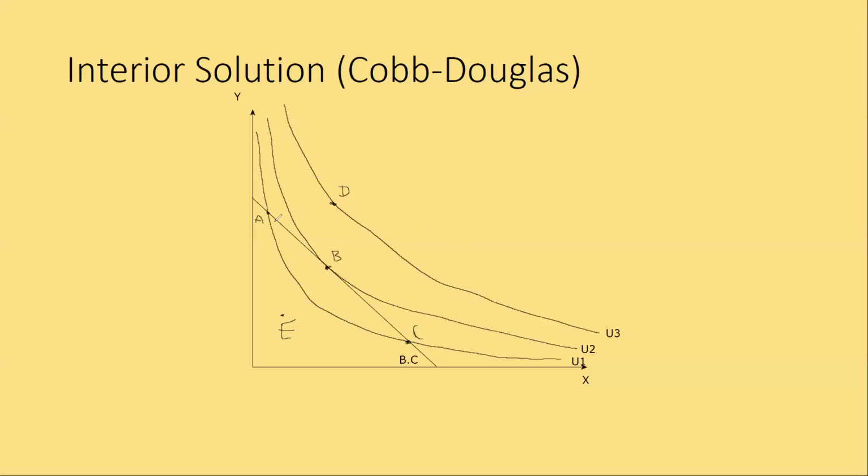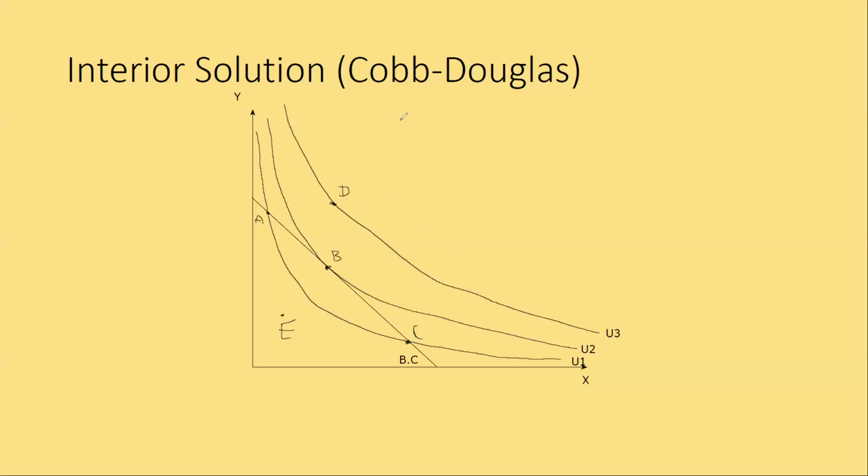We are going to focus on points A, B, and C, and point D will be somewhat relevant later on. So we are looking for a point that is on our budget line, and it is also on the highest level of indifference curve that is possible.